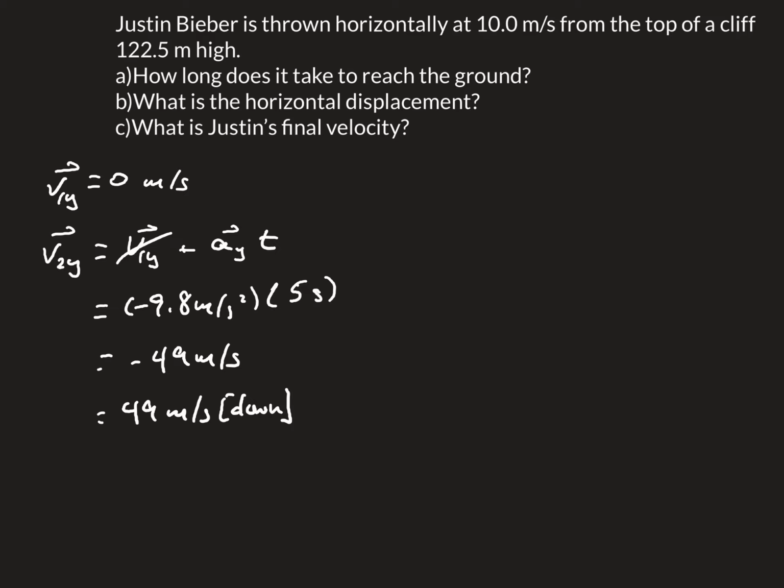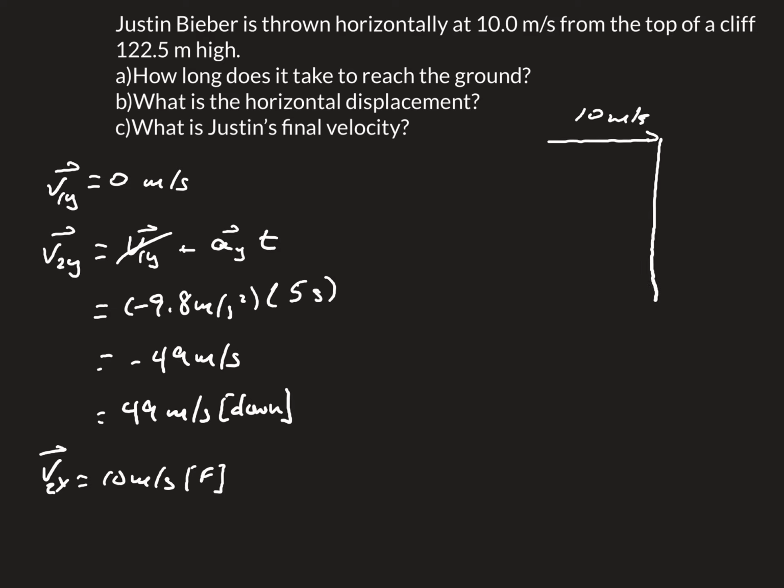We also know that Vx, our horizontal component, is going to be 10 meters per second forward. More specifically, v2x is 10 meters per second forward because v is going to be consistent. v1 is equal to v2 in the x component. So if we draw this diagram, this gives us 10 meters per second on the horizontal.